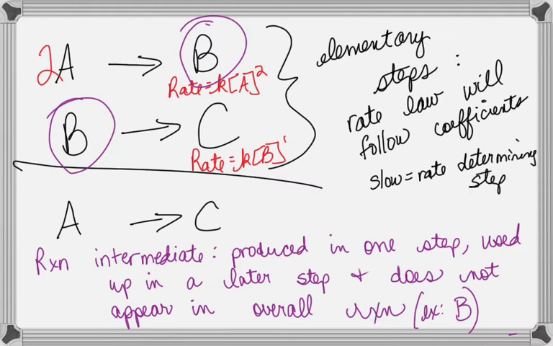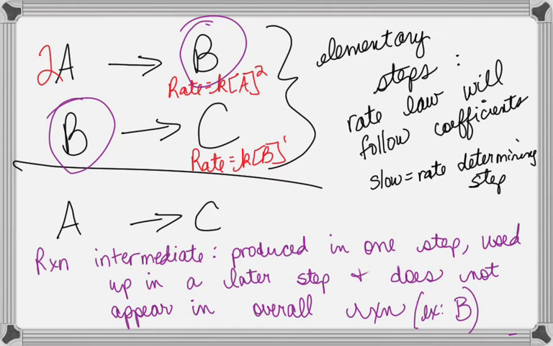If you know which step is the slow step, the rate law for the overall equation will match the rate law for the slow step.